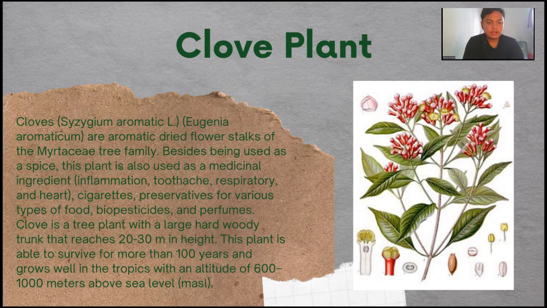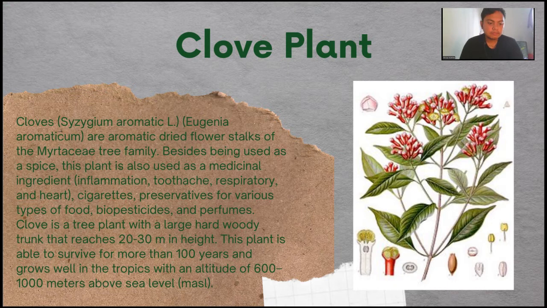Clove plants are aromatic dry flower stalks of the Myrtaceae tree family. Besides being used as a spice, this plant is also used as a medicinal ingredient, and for cigarettes, preservatives for various types of food, biopesticides, and perfumes.